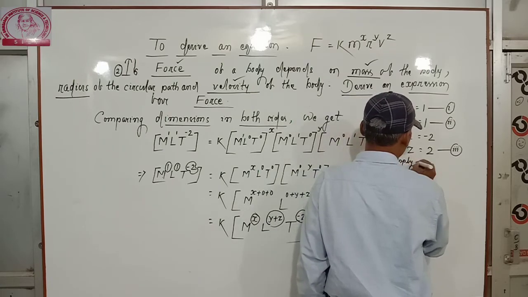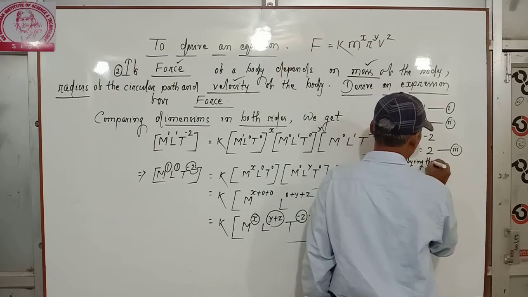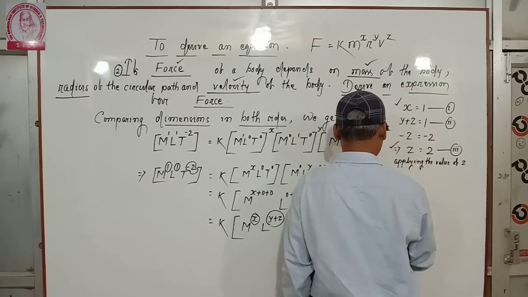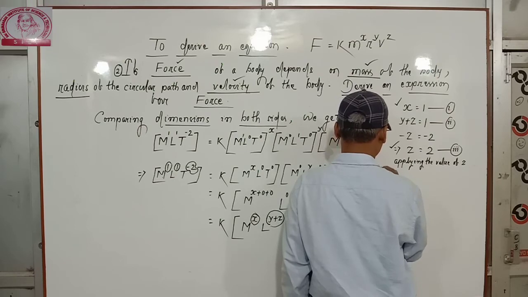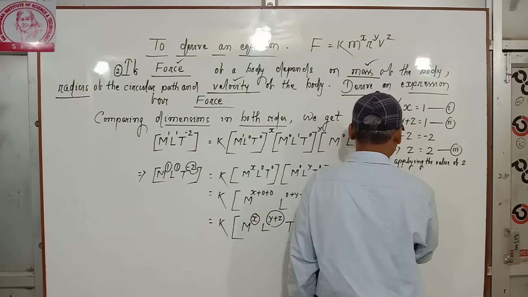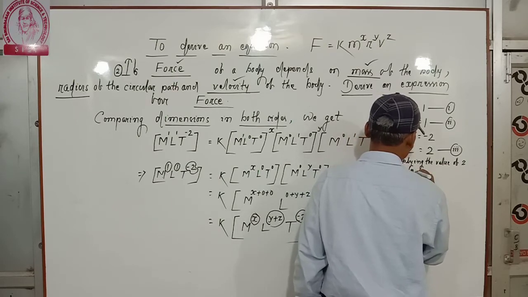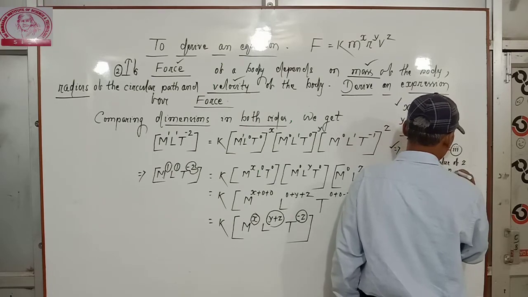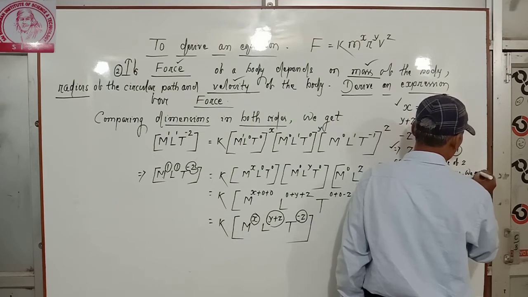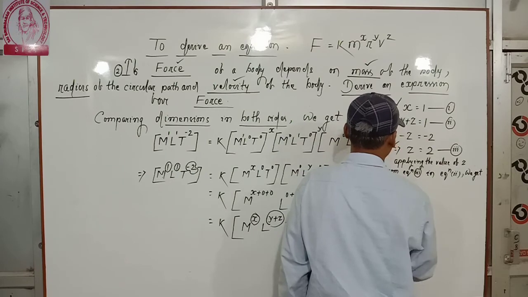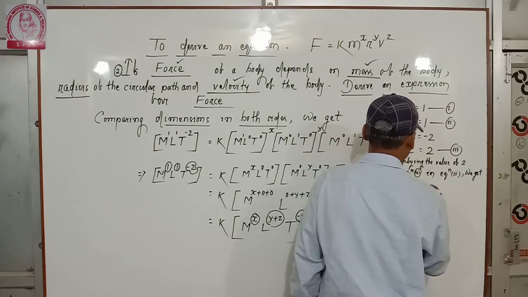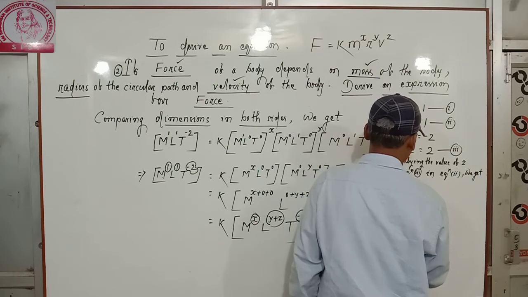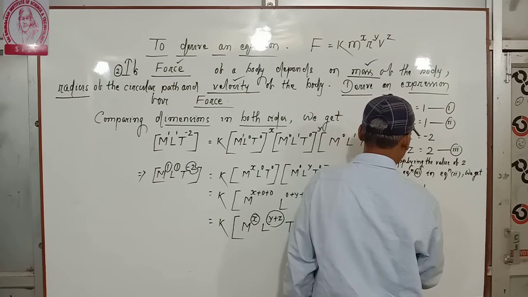Applying the value of z from equation third in equation second, we get y plus 2 is equal to 1, implies y is equal to 1 minus 2, implies y is equal to minus 1.